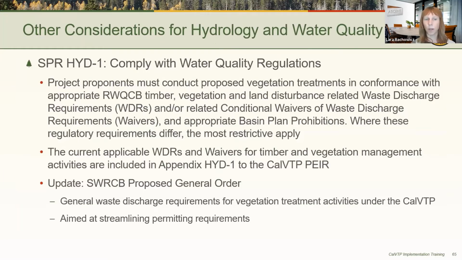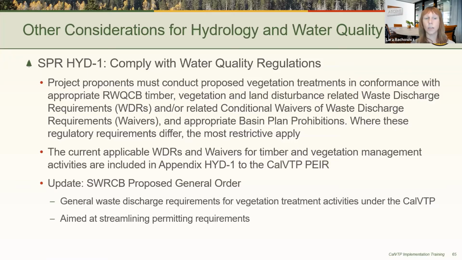One additional point I wanted to mention related to hydrology and water quality is about compliance with applicable water quality regulations. SPR Hydro 1 requires that vegetation treatments conform to Regional Water Quality Control Board's waste discharge requirements or conditional waivers of waste discharge. Appendix Hydro 1 of the PEIR lists the current applicable WDRs and waivers for timber and vegetation treatment management activities.